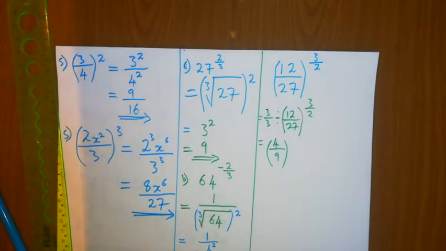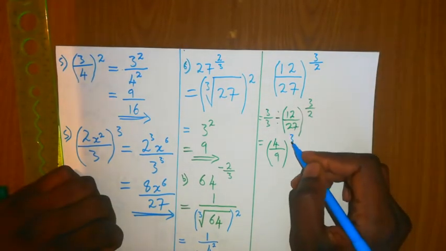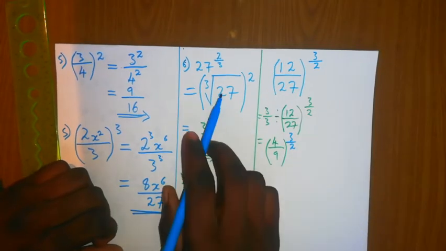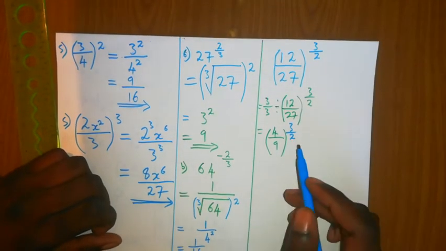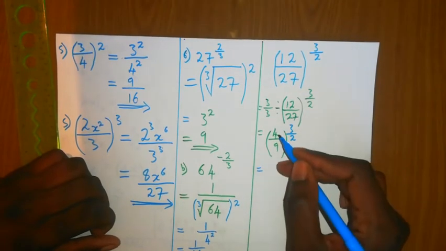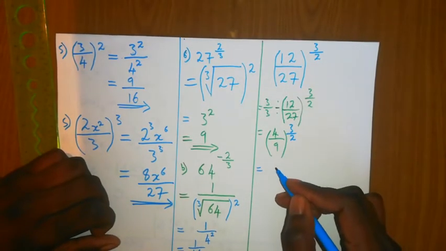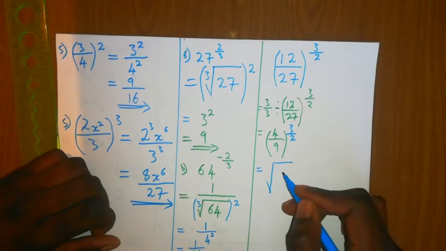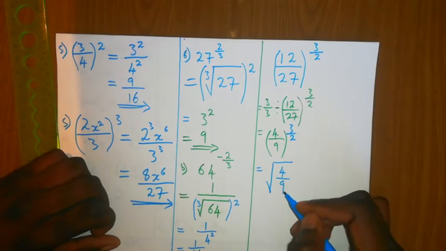Then your power is going to be 3 over 2. Then we are going to factor in this concept of a root sign, just because it is raised to a fractional power. So it's going to be equal to, we are going to insert this as a fraction under our root sign. So we are going to have 4 over 9 inside there.